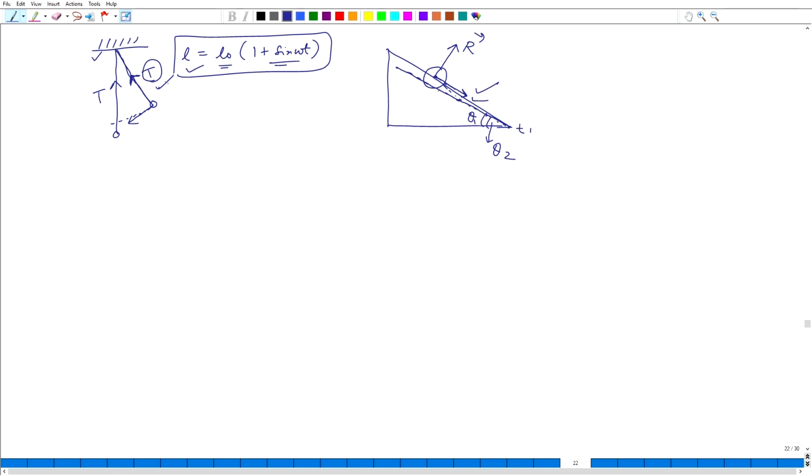Now in order to maintain the constraint that the particle will always be on the surface of this inclined plane, the particle should go in the direction which is like this, but again the reaction force is directed perpendicular to the inclined plane where the particle is instantaneously located. That is why whenever theta is also changing as a function of time, this reaction force is no longer perpendicular to the motion. This is also very similar to the case of the pendulum where the length of the string is changing explicitly with time.